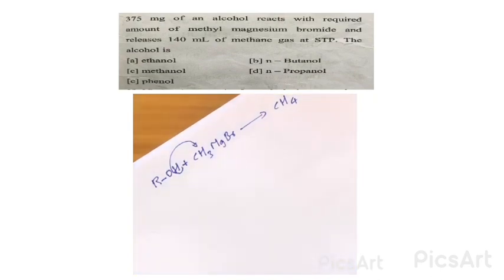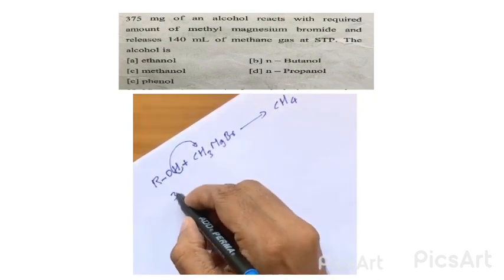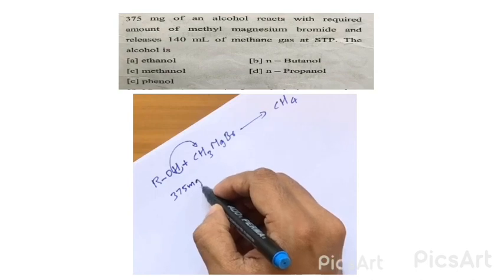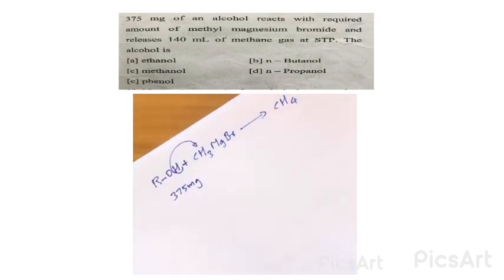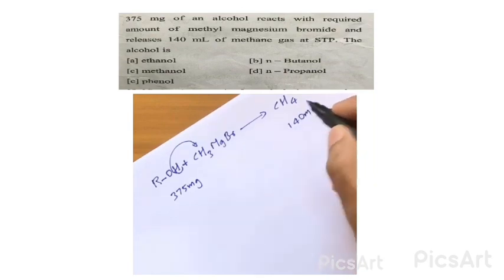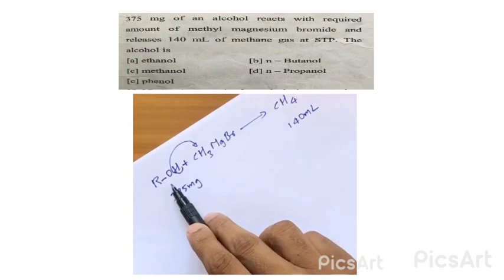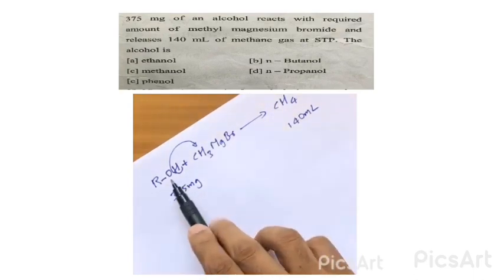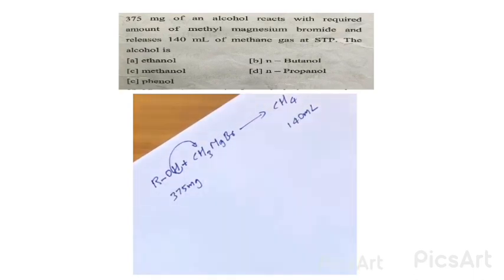Here there is an indication: 375 milligram alcohol reacted to form 140 milliliter methane. It is a balanced equation. Stoichiometric ratio is 1:1.